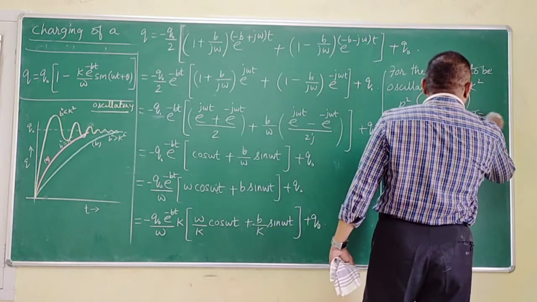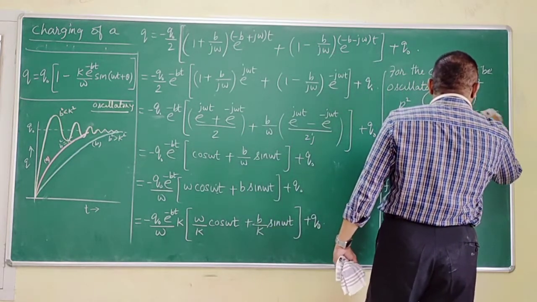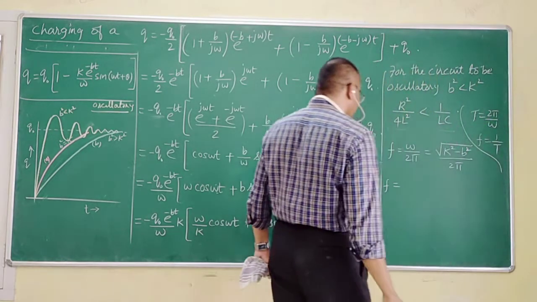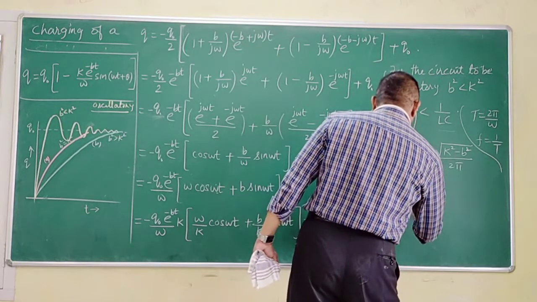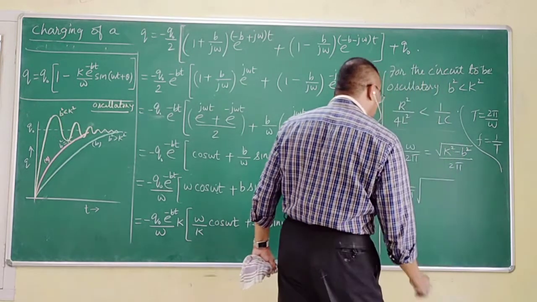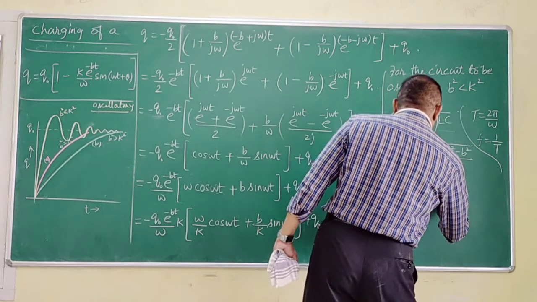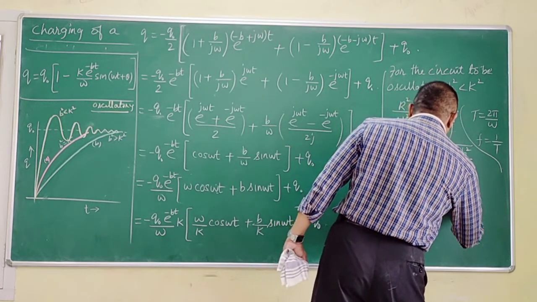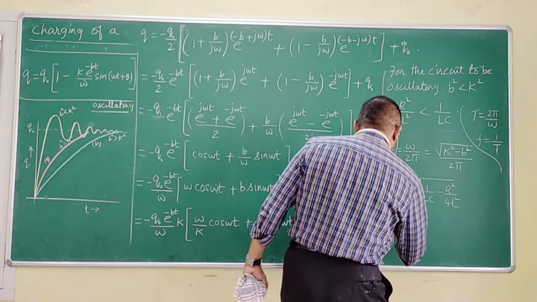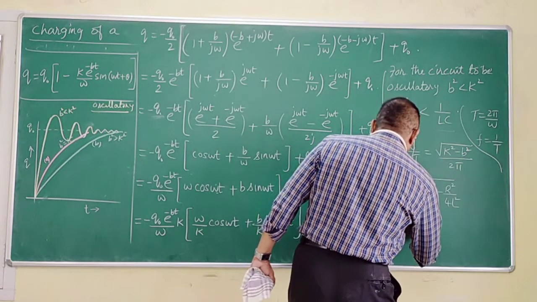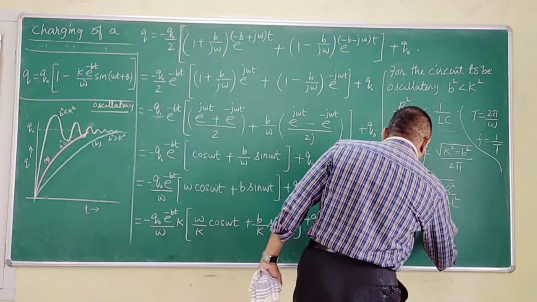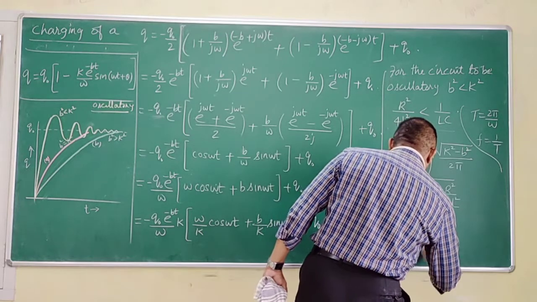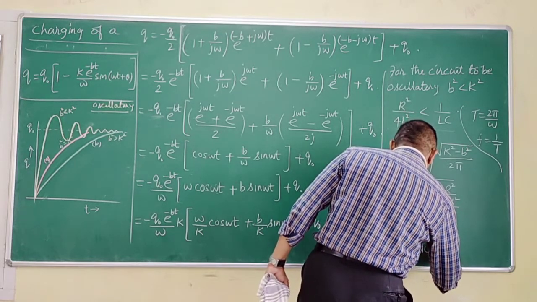Because if you have doubt, 2 pi by omega is the time period, frequency is 1 upon T. Therefore, 1 by 2 pi under root of 1 by LC minus R squared by 4L squared. If R is equal to 0, then f becomes equal to 1 by 2 pi root LC.